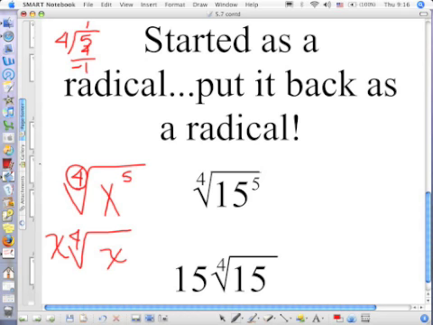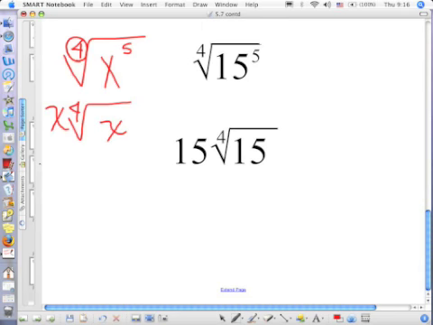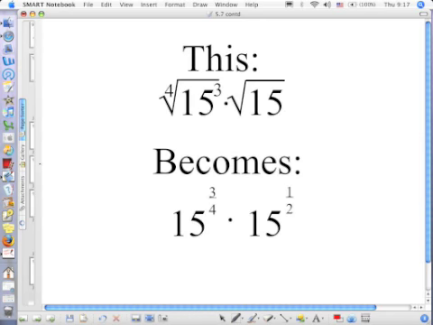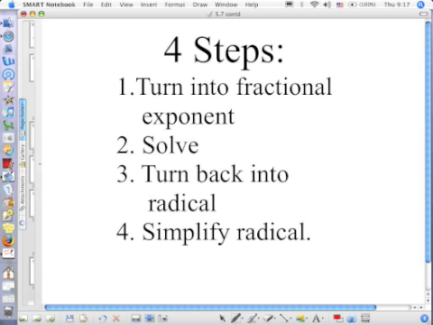So we could take one 15 out, and we have one left under the radical. And so now we multiplied those two radical expressions together, and this is what we ended up with. We had a fourth root and a square root, and the answer ended up in a what? In a fourth root. Okay?